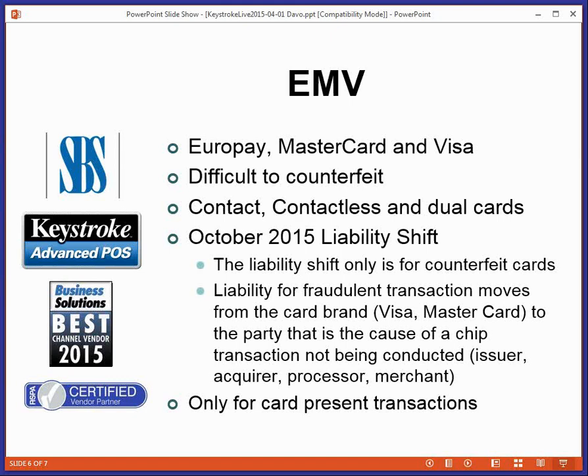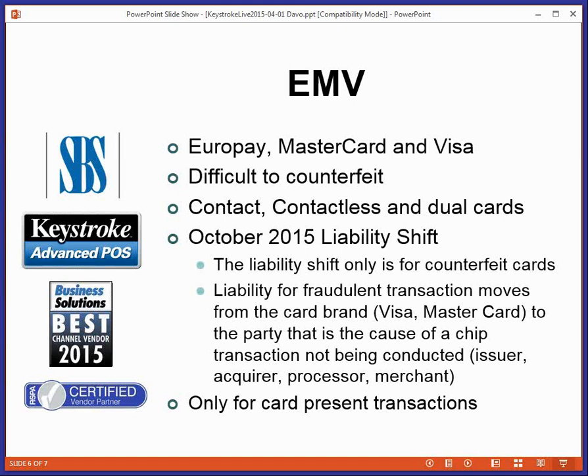And remember, you can do an EMV transaction by sticking the card in, but you can also do it contactless. So you can wave it, and I believe the iPhone 6, the chip in it is EMV compatible or compliant, so you can do EMV transactions with Apple Pay.